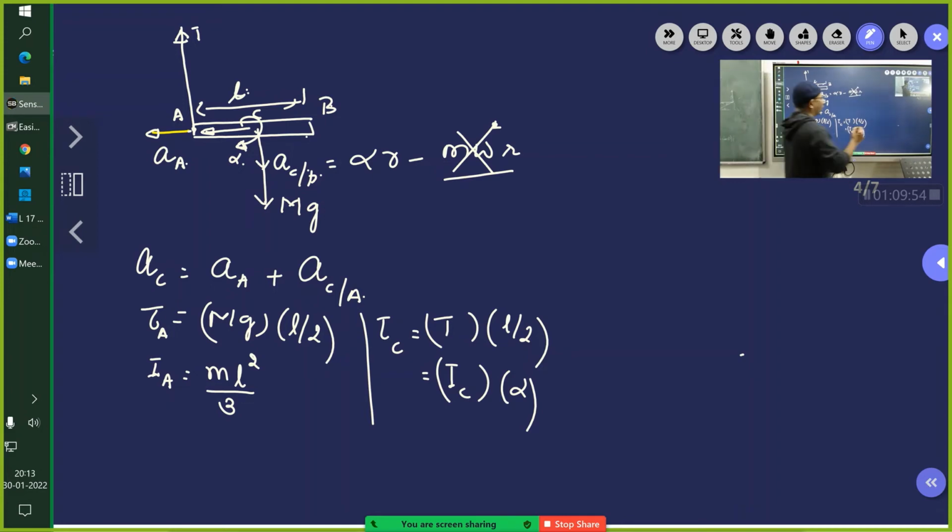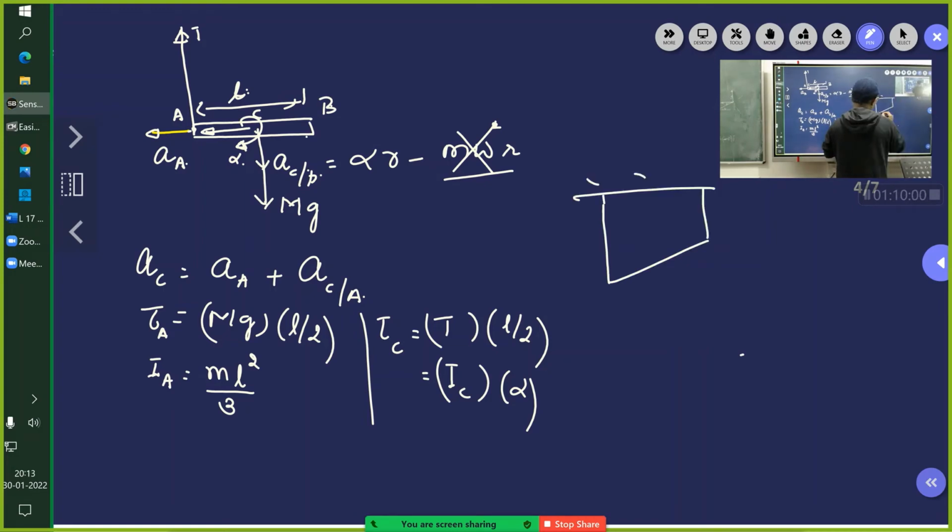Okay, I have to cut it. You remember the other problem that we solved? The rod was like this. Now if you cut this thread, this end was going down.